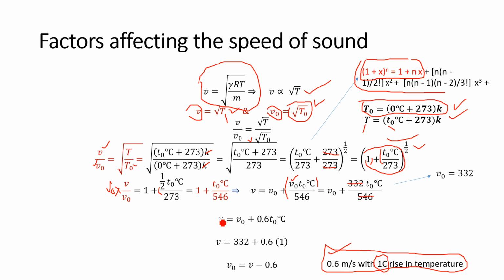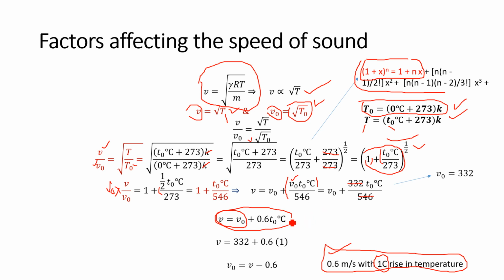Now this is the final form of the equation, where V is equal to V naught plus 0.6 t degree centigrade. If we substitute temperature equal to 0, we will have V equal to V naught, which is 332 meter per second.